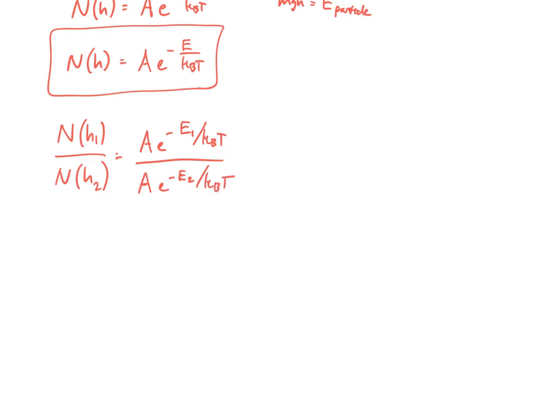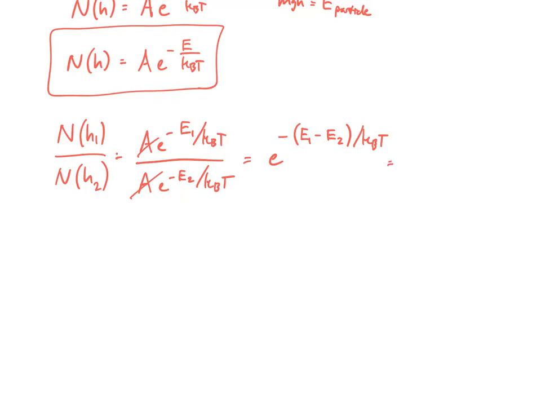I'm just dividing the two Boltzmann distributions. The A's cancel out. And remember, if I divide two exponentials, then I can subtract what is inside the exponential. So this equals e to the negative E1 minus E2 divided by kBT.